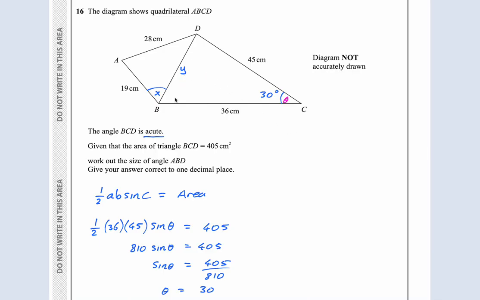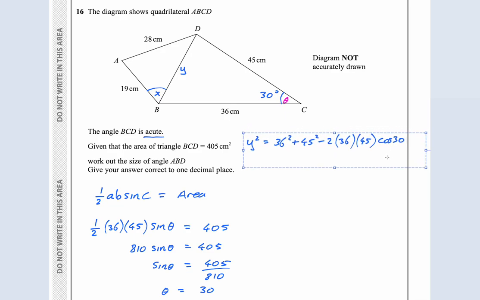Okay, cosine rule to find a side. It is y squared, this squared, equals this squared plus this squared, 36 squared plus 45 squared, minus 2 times 36 times 45 times cos 30. That is the cosine rule. 30, because this is 30.